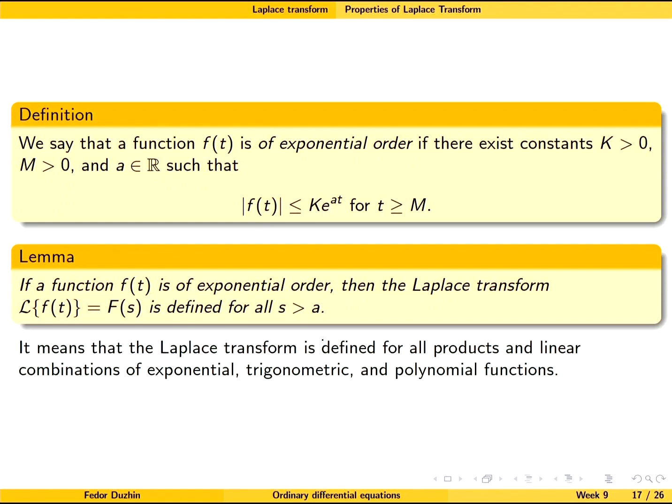And of course, all exponential functions are also of exponential order, and all trigonometric ones. So any linear combinations of exponential, trigonometric, polynomial, and even fractions are going to be of exponential order, which means that the Laplace transform is going to be well defined for them.